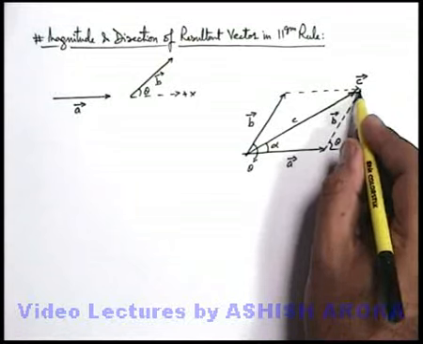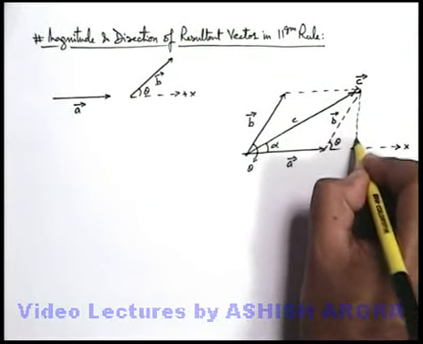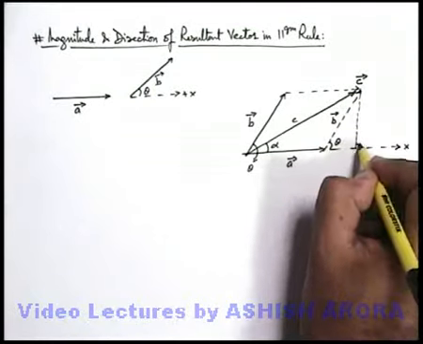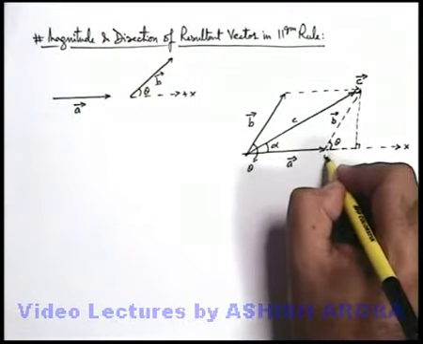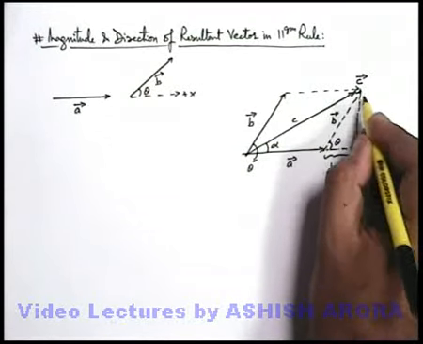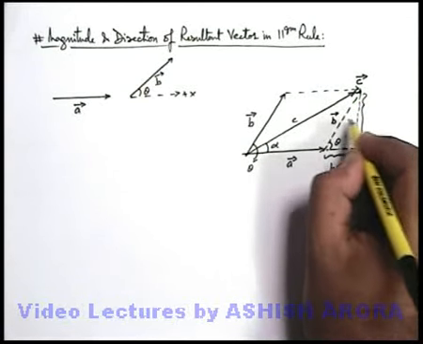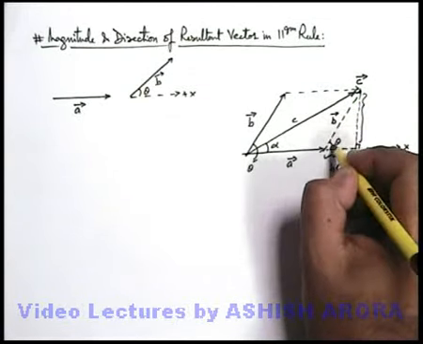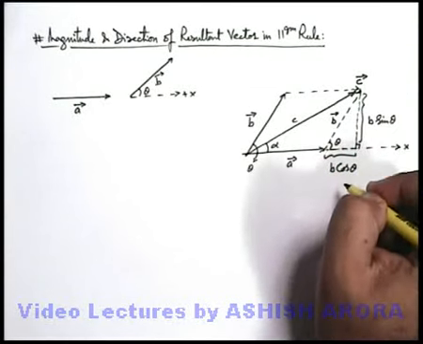Now if we draw two perpendicular components of this vector B, by drawing a perpendicular from this point to the x-axis, we can see this is the x component of B and this length is B cos theta. And this length can be written as the perpendicular or rectangular component of B, which is opposite to the angle theta, it is B sin theta.